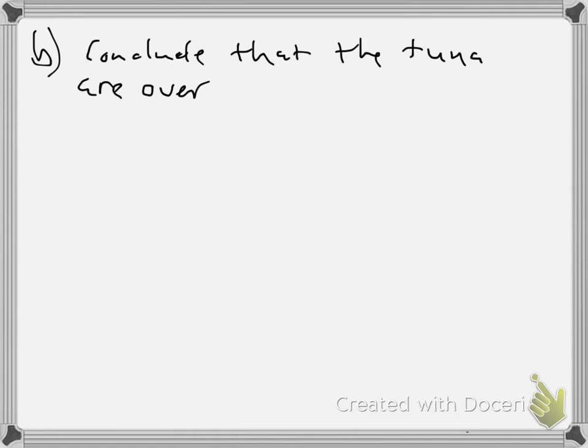So for a type 1 error, we would conclude essentially that the yellowfin tuna are overfished, when in reality the population is okay.